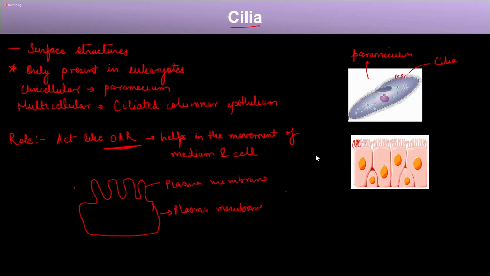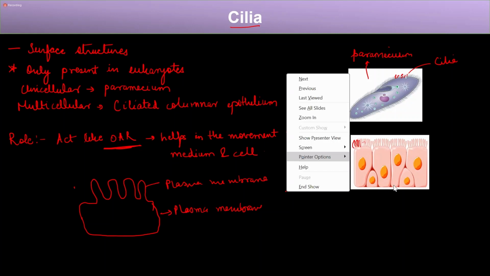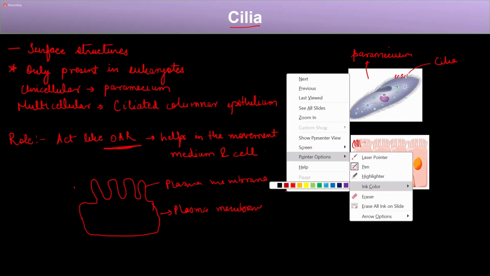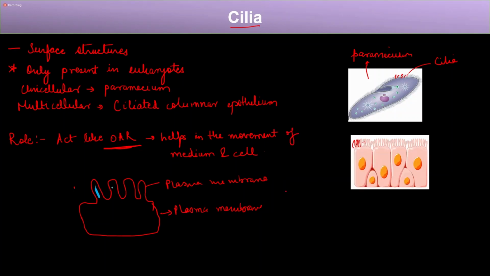But if we zoom in on this structure in the microscope, what will we see? We'll see a certain structure present in this cilia, and this special structure is known as axoneme. This structure is made up of microtubules. So the cilia has this structure that is called axoneme.